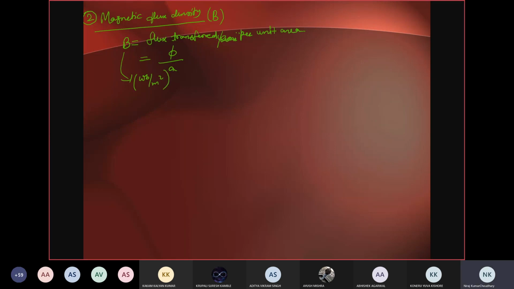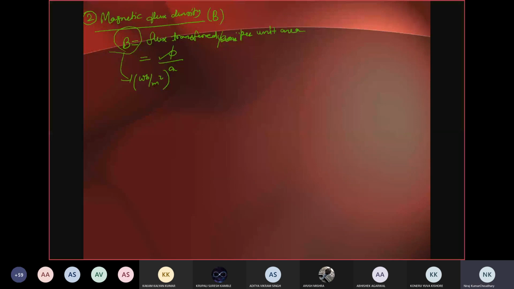So now can you say the term which is analogous to this magnetic flux density in an electrical circuit? Electrical circuit का कौन सा ऐसा term है जो इस magnetic flux density के analogous है? Flux के analogous कौन सा है? हाँ बताओ. Current density. Right, current density.